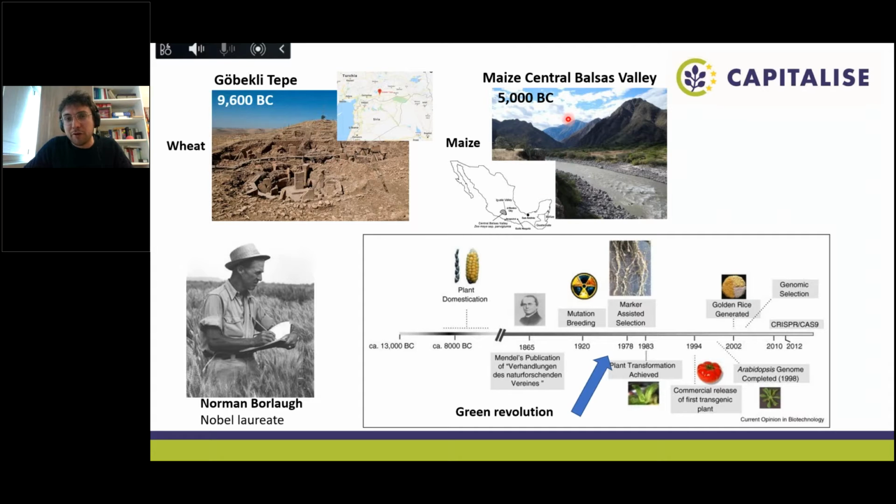And of course this is also true in the New World, for example in the Central Balsas Valley, where maize was first domesticated. So this was thousands of years ago, but then fast forward, we get to the last century. I'm putting here a picture of Norman Borlaug, who is a Nobel laureate for peace, and he's the father of CIMMYT and modern breeding.